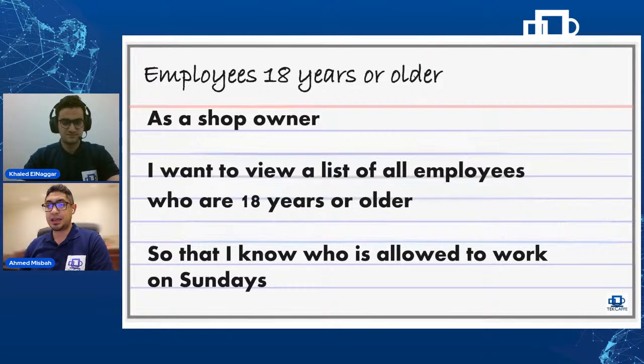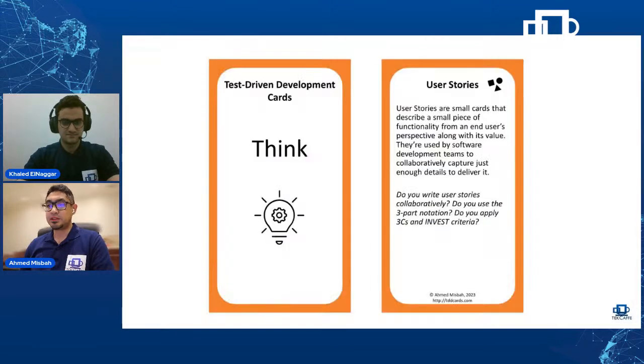So as a who, I want what, so that a why. So we've got an actor or a persona, we've got the functionality, and we've got the value that we are supposed to be delivering from implementing this functionality.